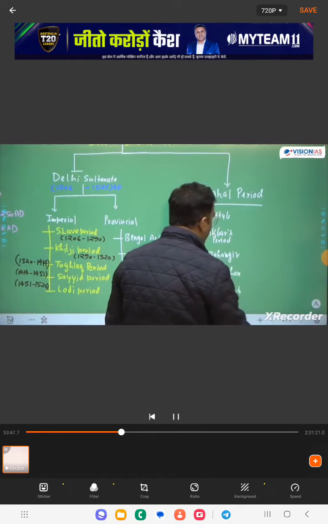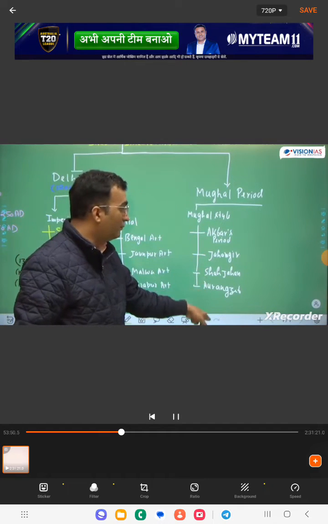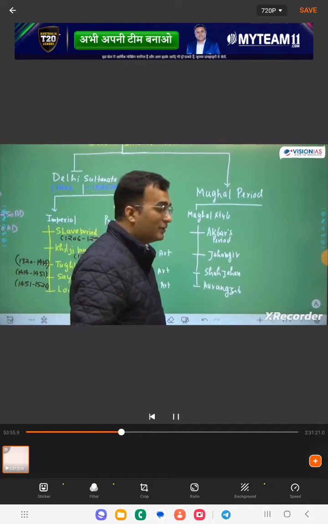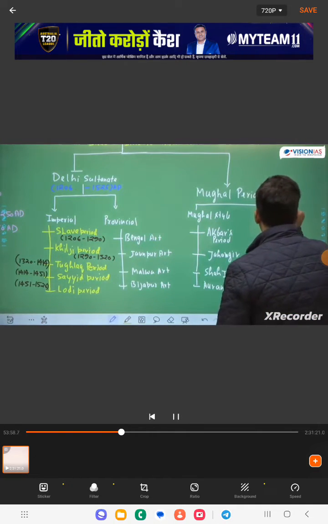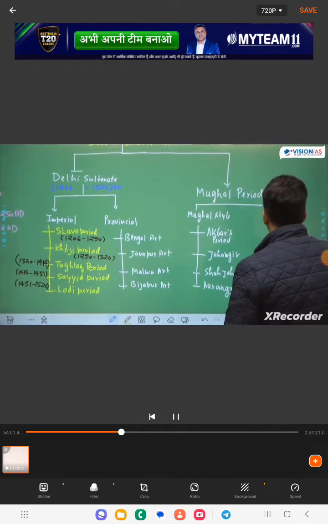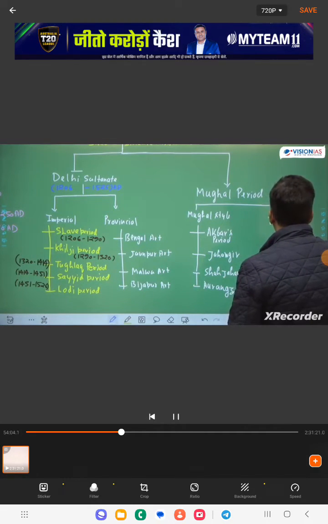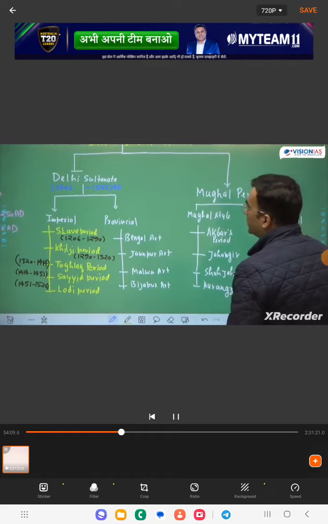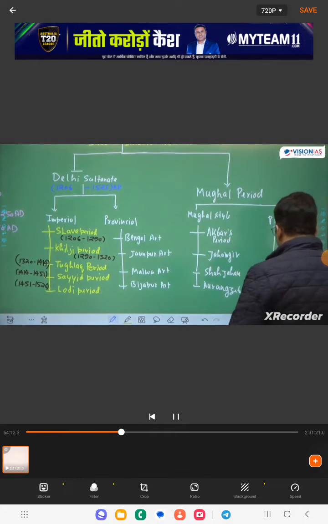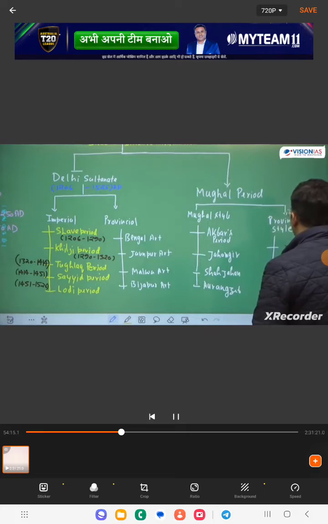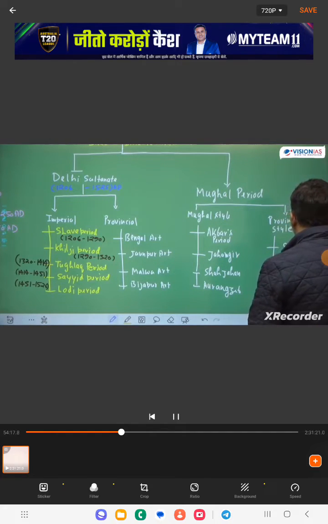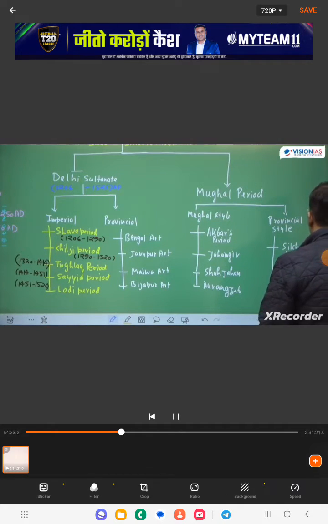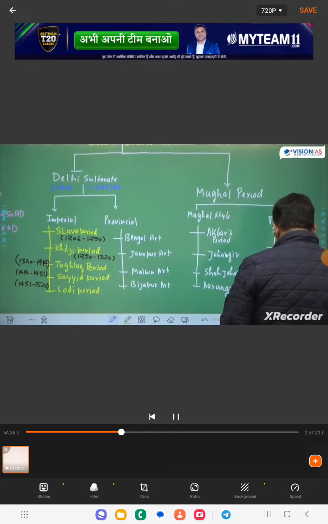So we'll see the architectural contribution of all these people in their period. So Mughal style is one, and then the second type would be the provincial style. In the Mughal period, in provincial style we will be looking at two styles, the Sikh architecture and the Rajput architecture.